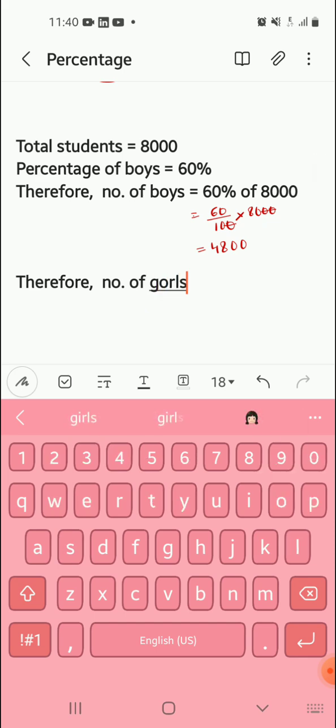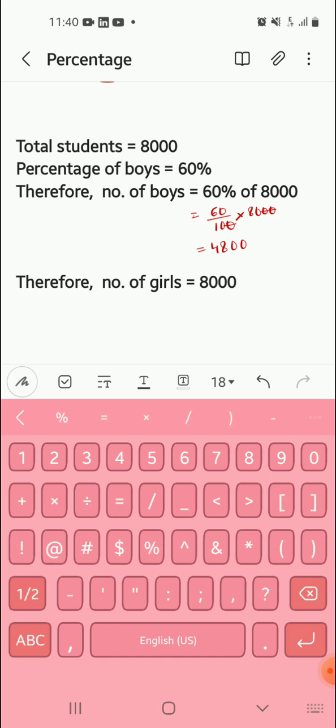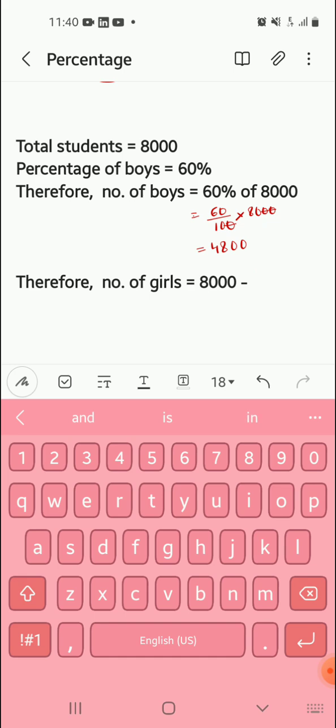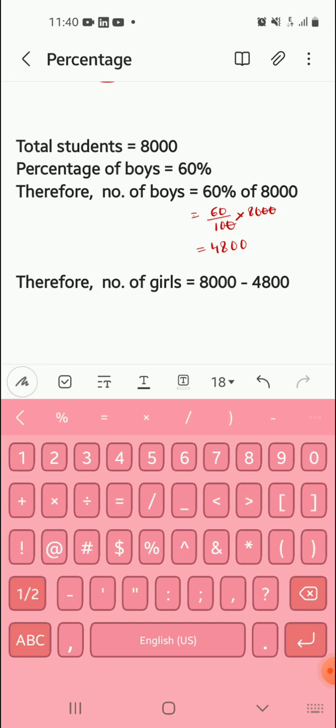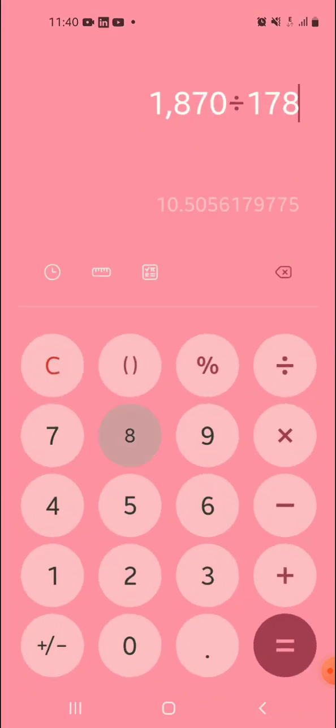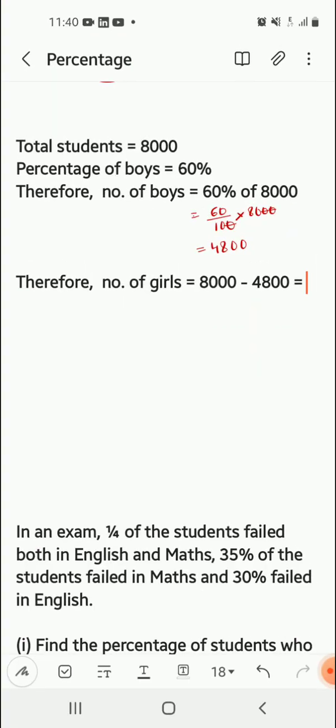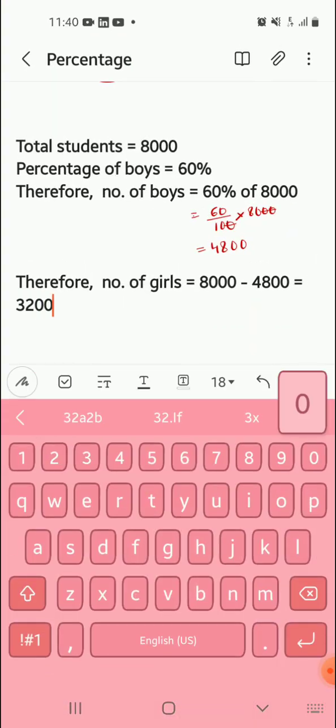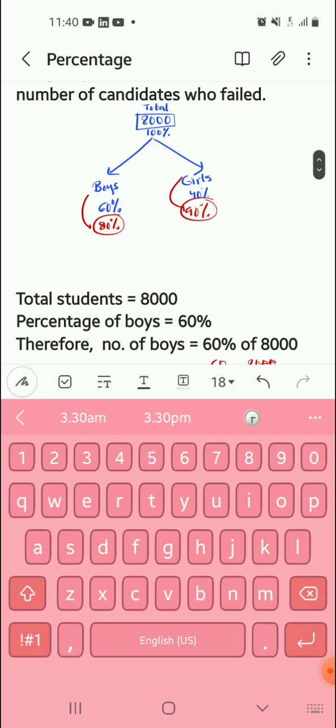So the number of girls is equal to 8,000 minus 4,800, that is 3,200. So 3,200.